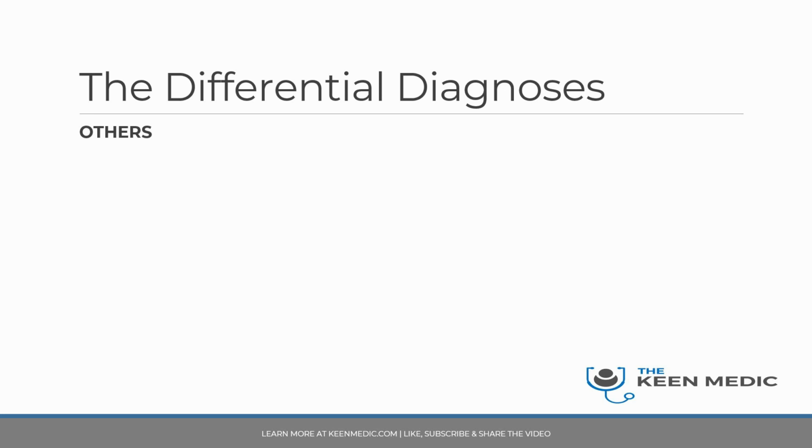Other things that you should think about, other differentials that are less important, except for one, okay? Hypoglycemia is probably the most important of the miscellaneous differential diagnoses. So hypoglycemia can be caused by drugs such as insulin and sulfonylureas, or it can be due to malnutrition. Hypoglycemia is something that you should rule out for every single patient coming in with loss of consciousness, okay?